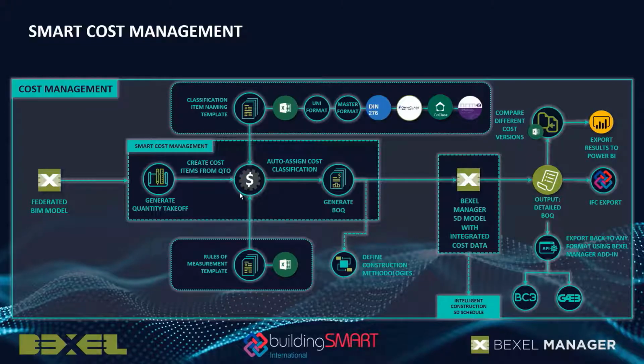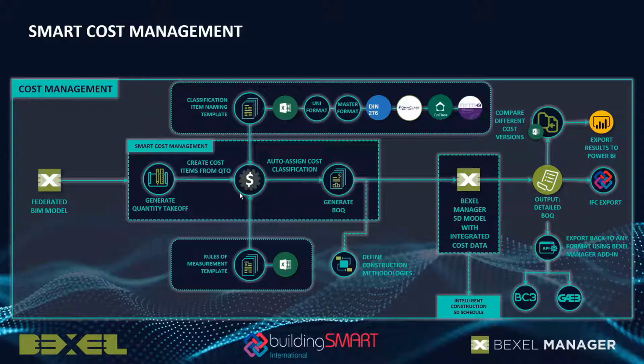So after we were able to populate classification system information into the model, the next step is to utilize this newly added layer of information to develop a cost classification structure within the BIM model based on the newly added information.